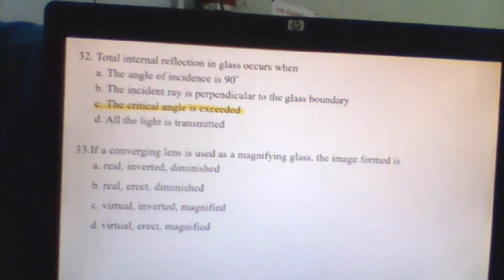Number 33, if a convergent lens is used as a magnifying glass, the image formed is, right, so in this case now, I want you to pay very close attention to this. We're saying that a convergent lens is used as a magnifying glass. Now, with a magnifying glass, we're going to find out the image formed is actually a virtual image.